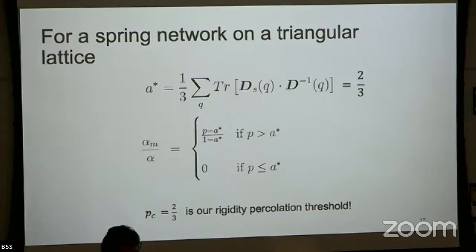This is the part of the calculation that I didn't go through, because then I would have to derive the full paper that I showed you guys. If you go over the paper, this is how a star is defined. If you look at the forces, and you try to calculate what the forces would look like in terms of a star, that will give you what this a star is.